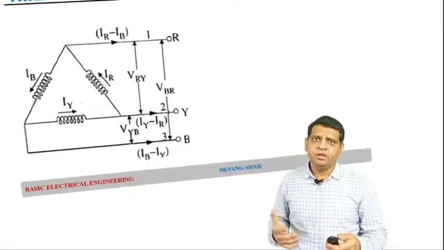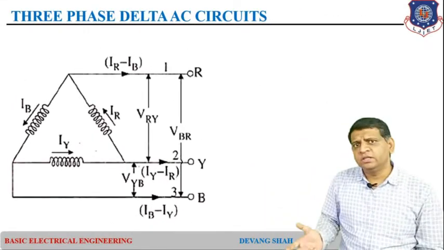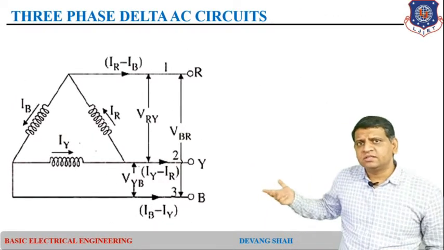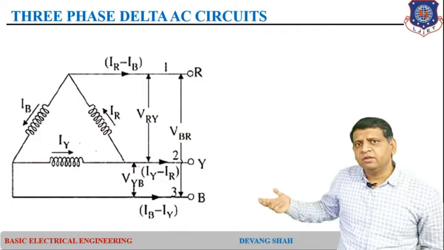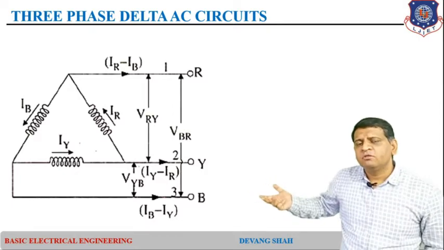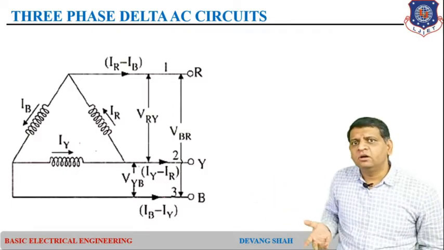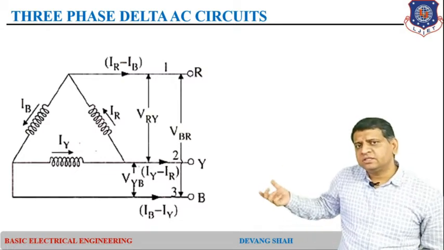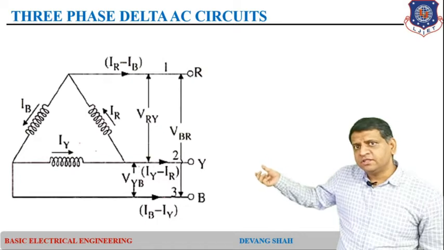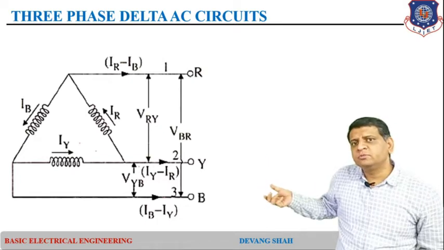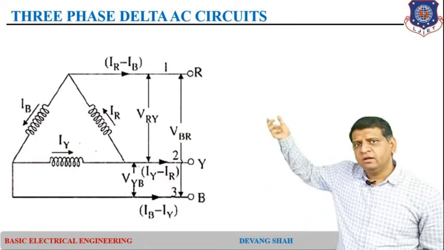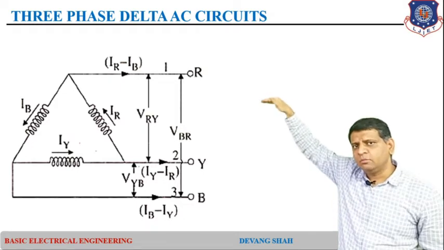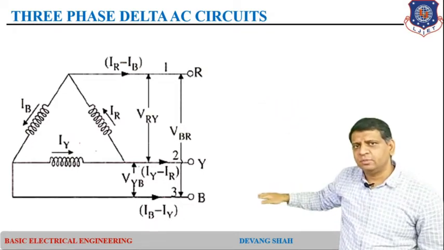So one by one, if we look at all these voltages and currents, we discussed this is the delta connection where you can see there are three phases R, Y, B, and there is absence of a neutral line. So, you can see here whatever voltage is generated in one phase is the same as the voltage difference between two lines. So, we define here R phase as line number 1, this is line number 2 and this is line number 3.